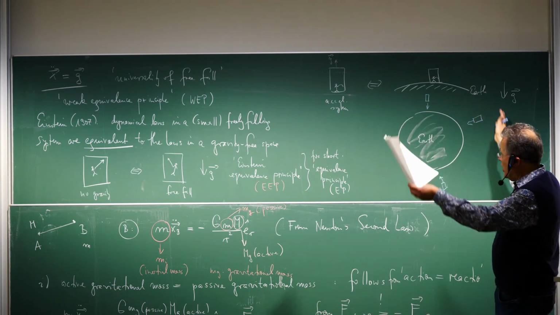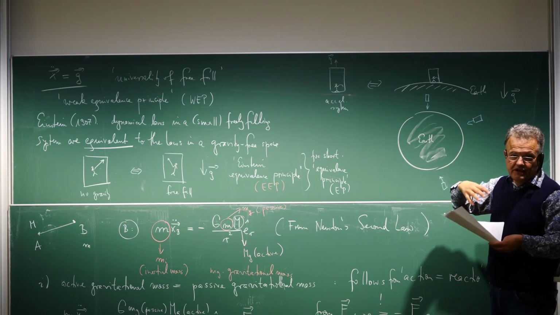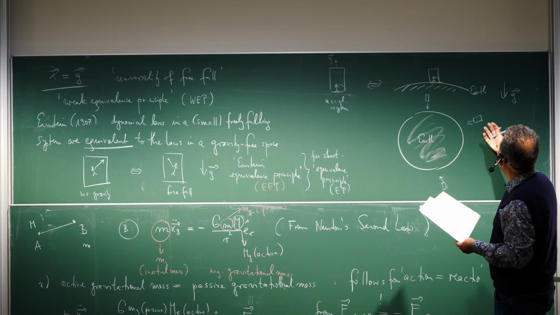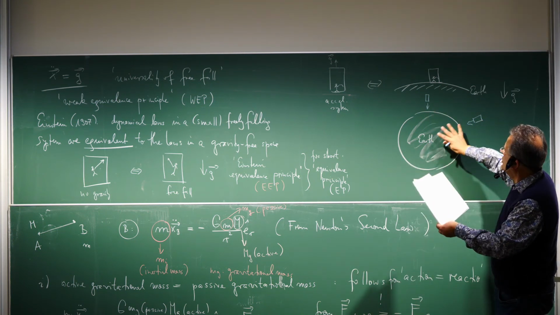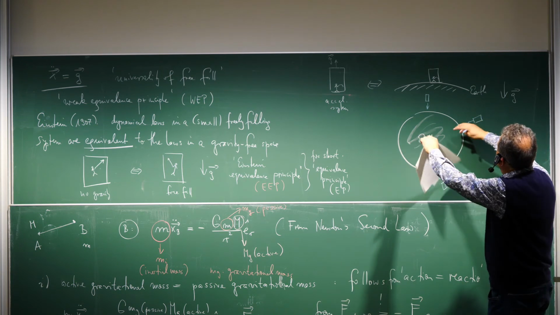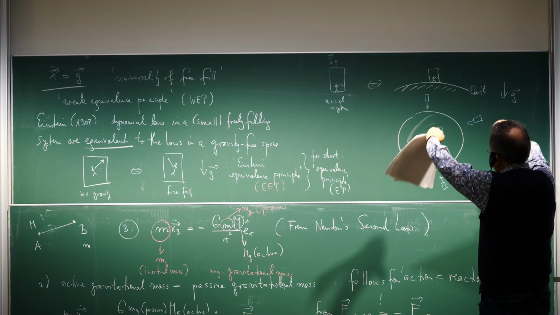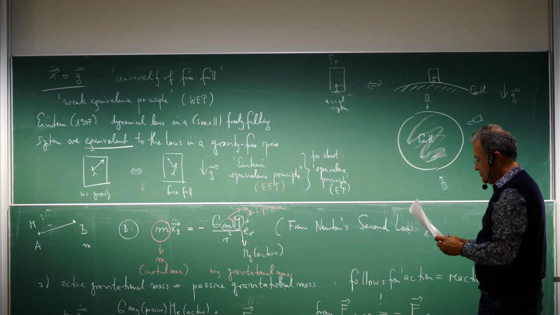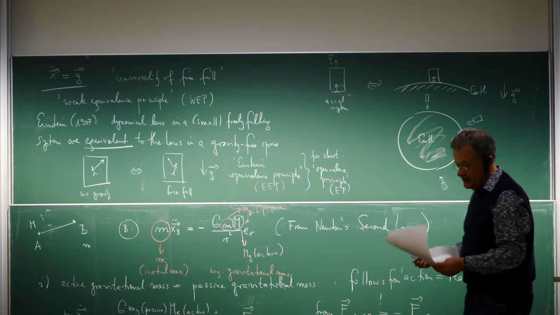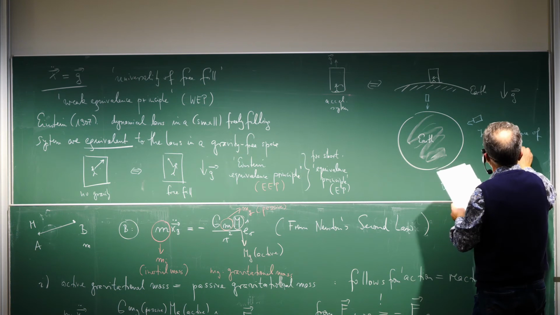You only can realize this locally, because if the Earth were absent, then any boxes released parallel would stay parallel and would not go to the center of the Earth. So in the presence of gravity, no global inertial system can be realized.